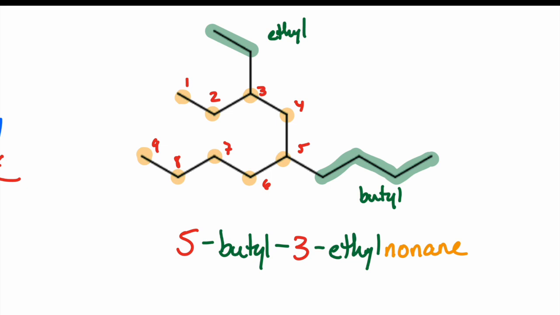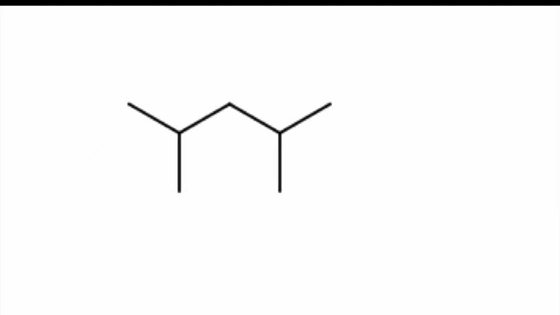All right. So last few specialty cases here. What if I have multiple substituents that are identical? So in this case here, our 5-carbon parent chain, and this is a methyl group. But this is also a methyl group.